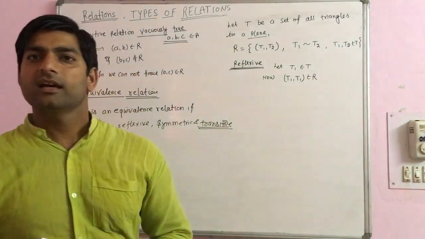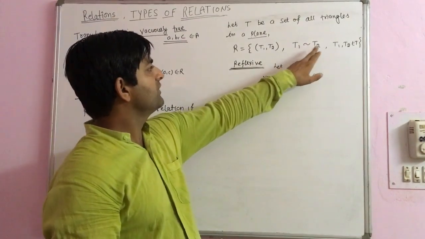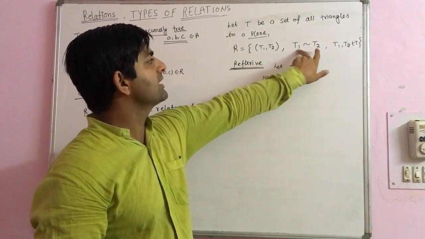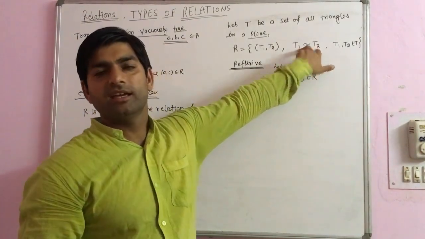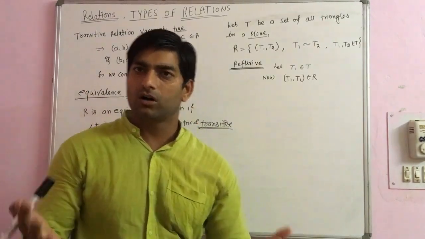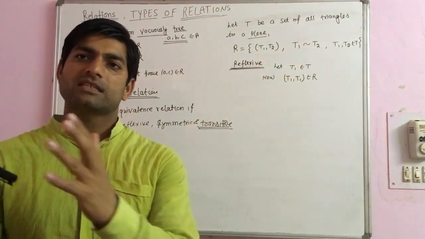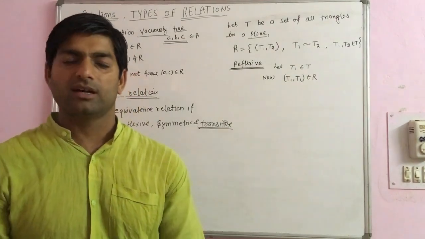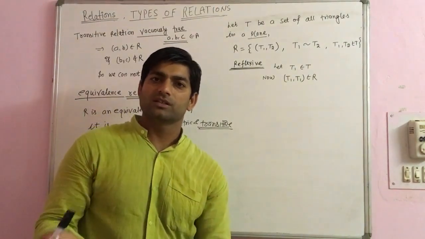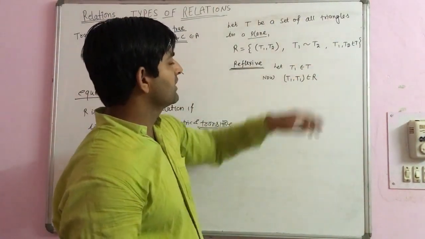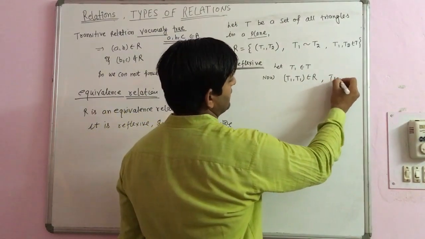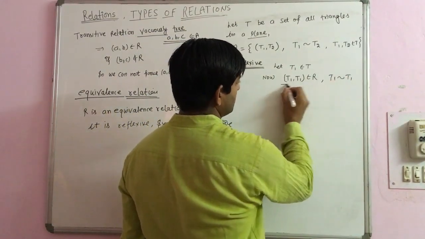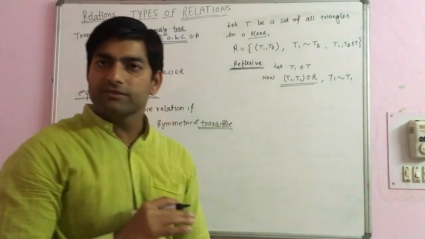Because what is the relation? If I write T1 here, of course it is obviously true that T1 is similar to itself. A triangle is similar to itself. So T1 similar T1. So this is a reflexive relation.